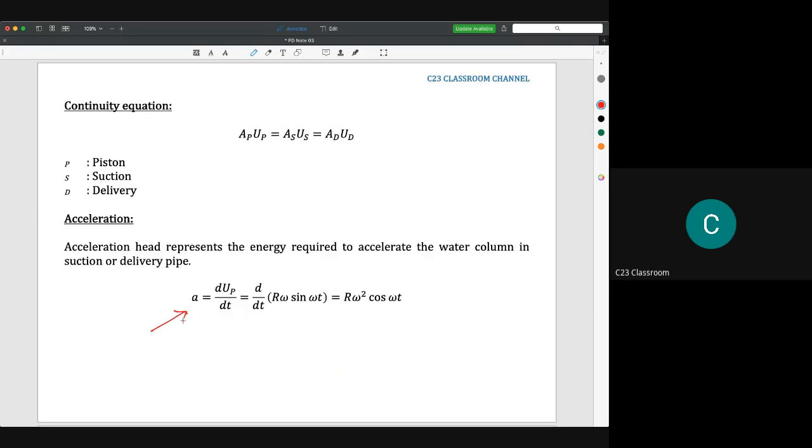We are just using a common equation, which is du/dt, meaning we differentiate the velocity with respect to time again. If we do this, we get the equation for acceleration: r omega square cos omega t. So this is the equation for the acceleration here.